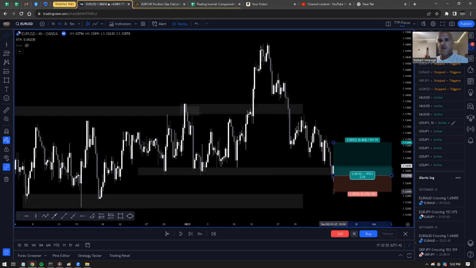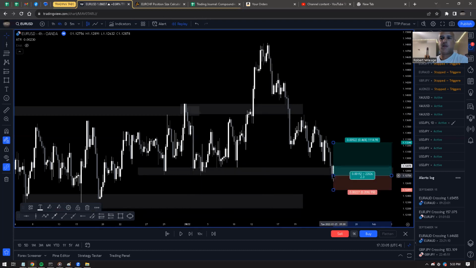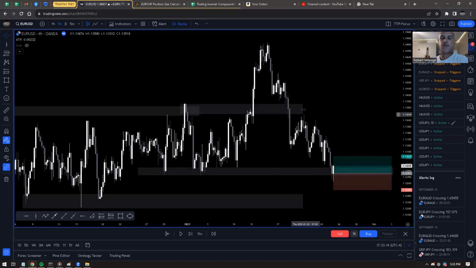So 227. We don't have to be precise, but I'll be precise. 227. We will go with the entry right on the close of that candle, right when we got the wick rejection, and we're going for a 1-to-1. And let's see what happens.